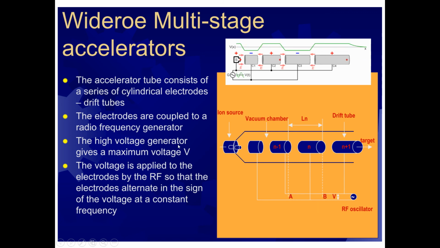The high voltage generator gives a maximum voltage V, specified here by the capital letter V, for the high voltage. The voltage is applied to the electrodes by the RF so that the electrodes alternate the sign of the voltage at a constant frequency.